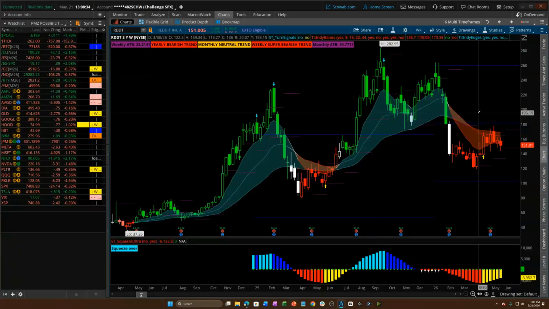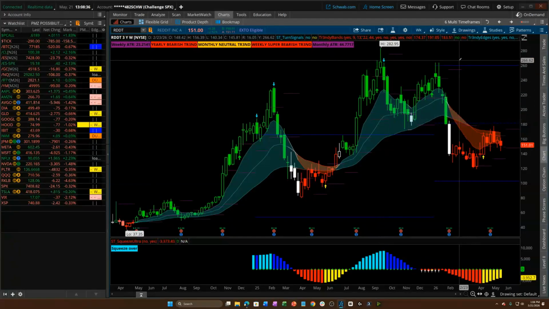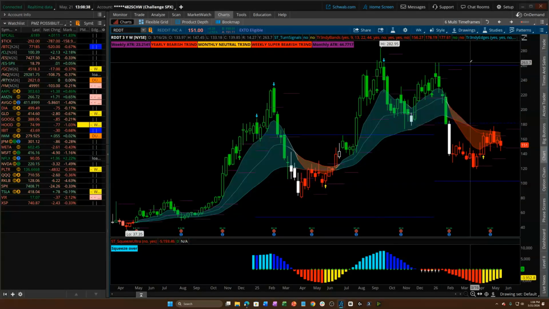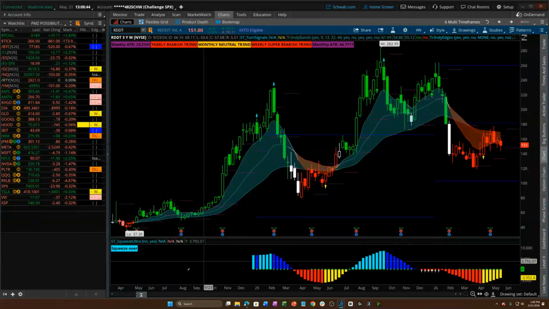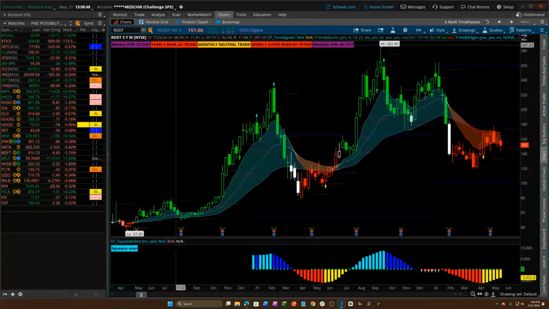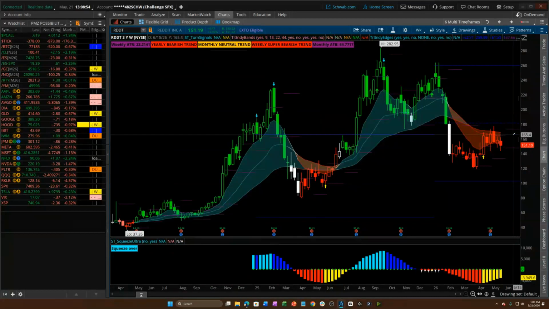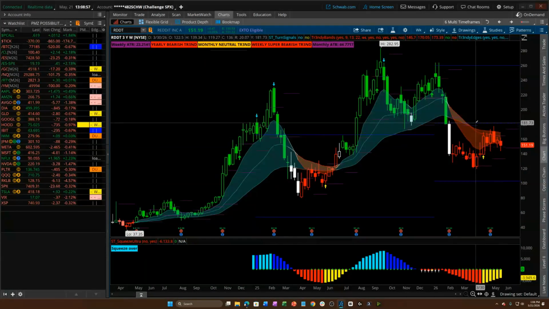Okay, so that being said, what I would do for Reddit, honestly, is I would draw some fibs here because we've established we're just in chop. We're in a bearish, neutral, bearish type of mindset. We're below the yearly edge mid.